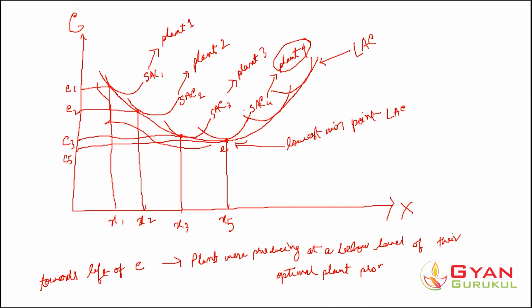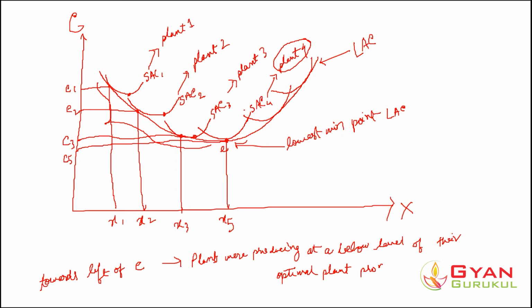See, at this curve, if we say short run average cost curve of 1, the optimal plant size is achieved where it is the lowest minimum point, say this point, right? In the short run average cost curve 2, that point is achieved over here. Similarly here, but the lowest minimum point of SAC4 is also tangent to the lowest minimum point of the LAC, right?